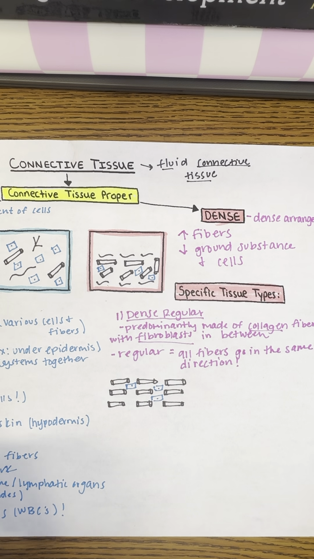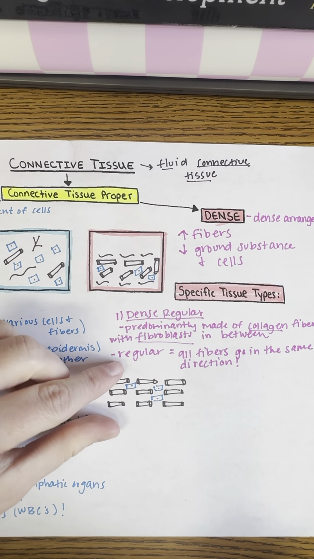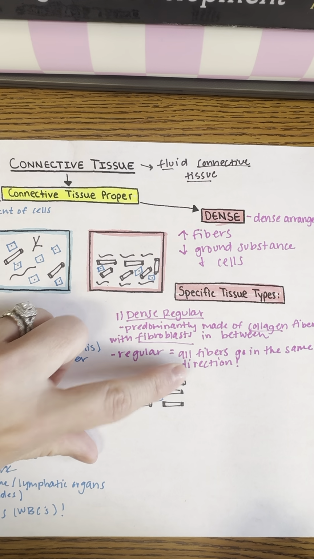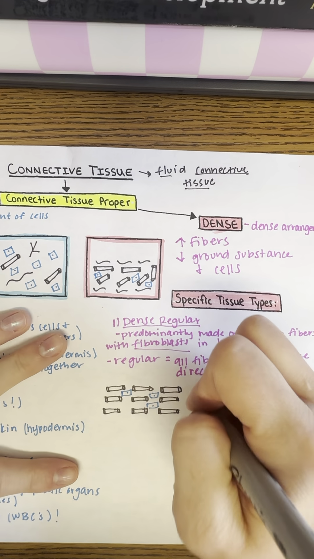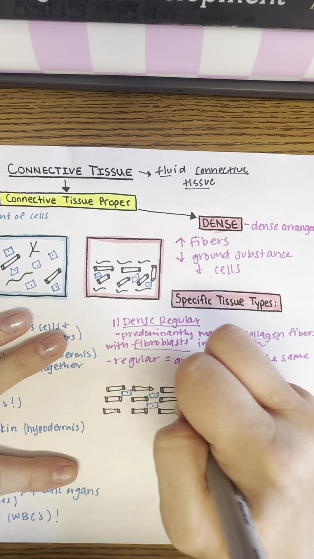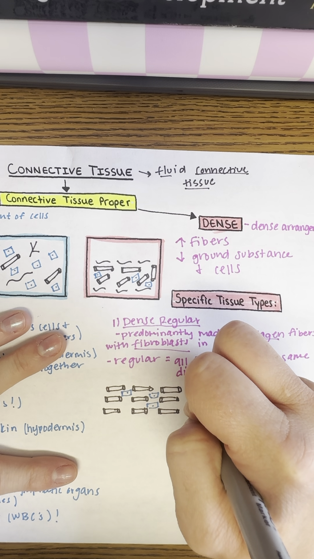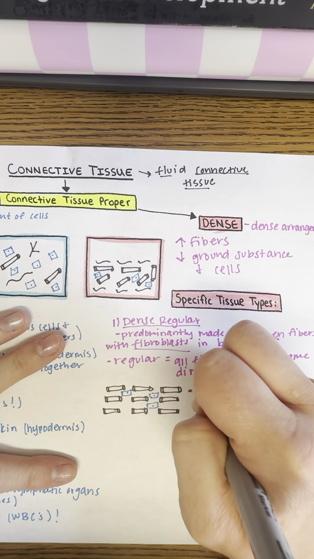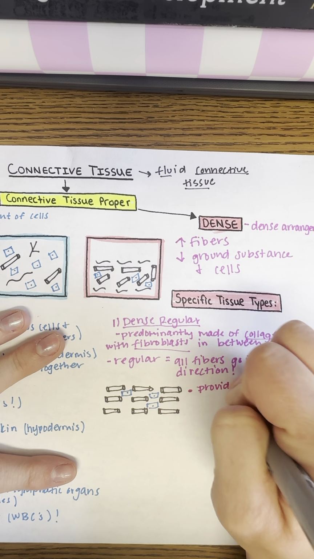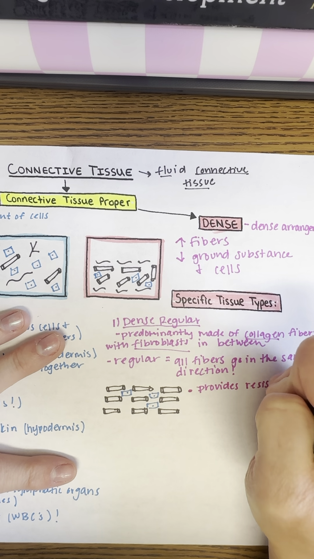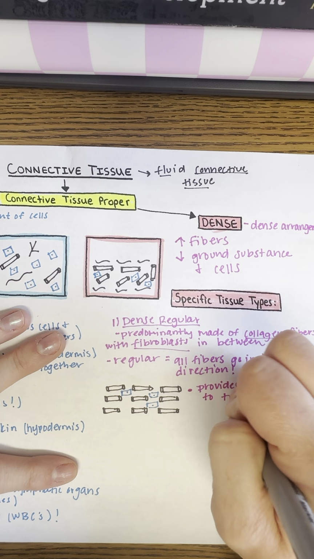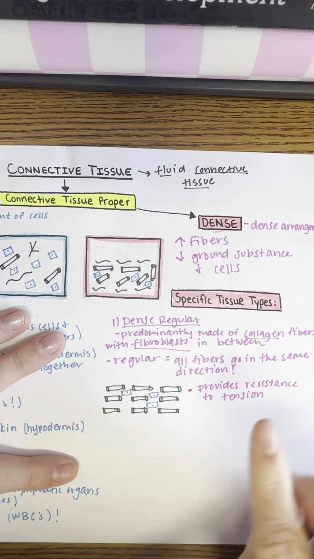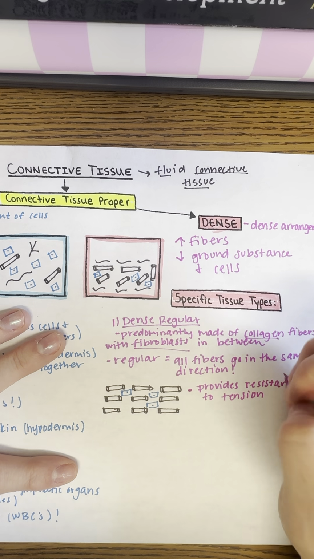Okay. So we kind of like to think of it as almost like a collagen lasagna, right? All the layers are going in the same direction. So why is this important? This helps to provide resistance to tension, but in a single direction.